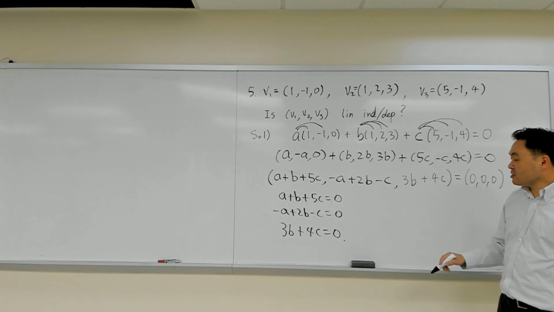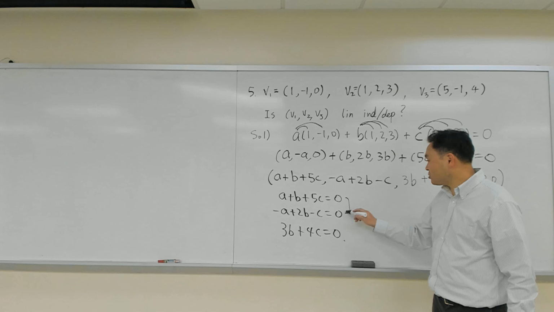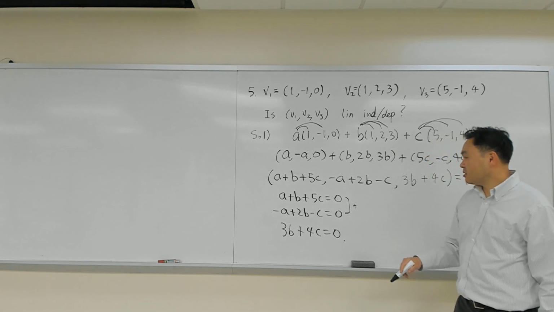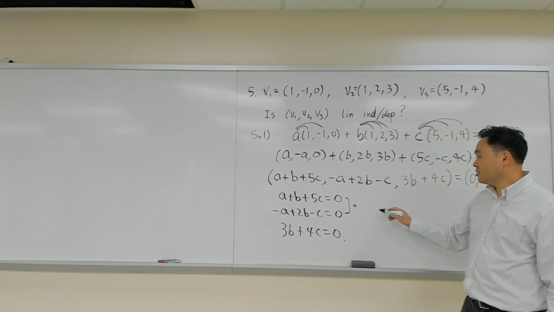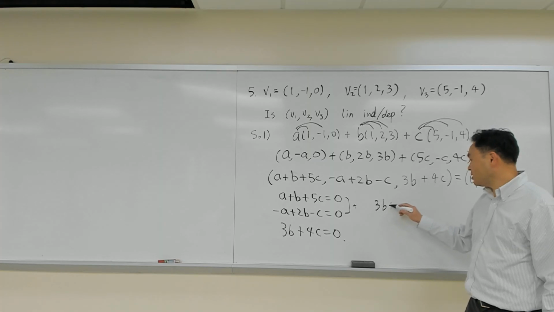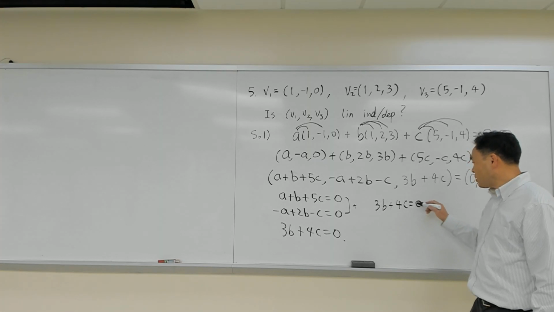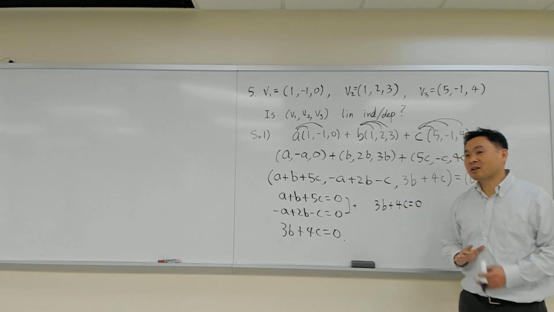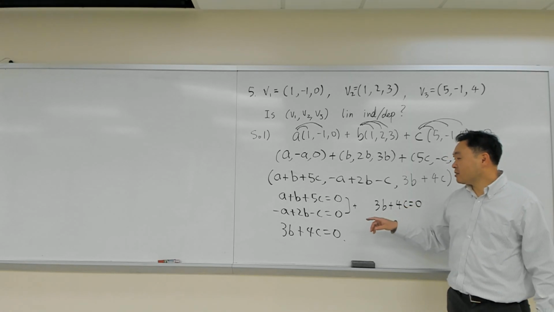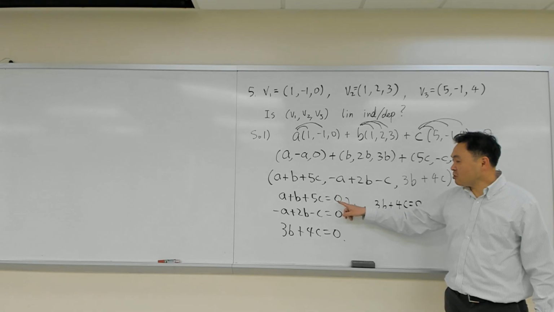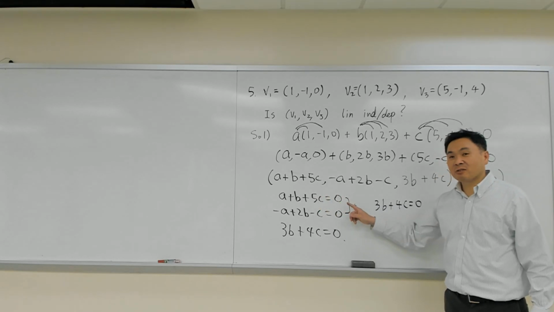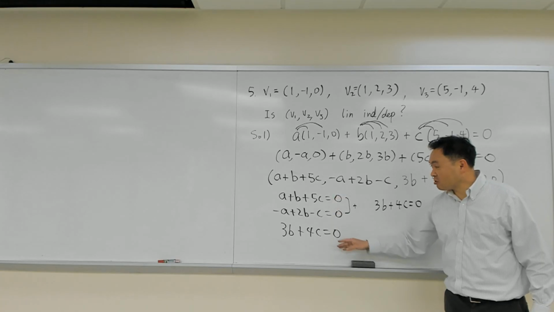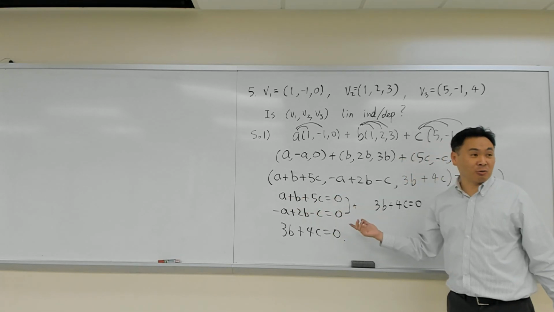I guess the easiest one to do is just simply add these two. What do you get? You get 3B plus 4C equals 0. Oh, wait a minute, that's the same as this. Now, what does that mean? Initially you thought, I have three different equations for 3 different unknowns.